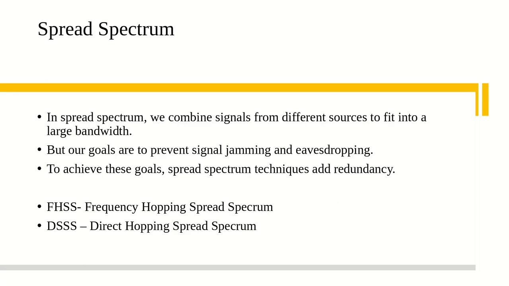Spread spectrum. In spread spectrum, we combine signals from different sources to fit into a large bandwidth, but our goals are to prevent signal jamming and eavesdropping. To achieve these goals, spread spectrum techniques add some redundancy.